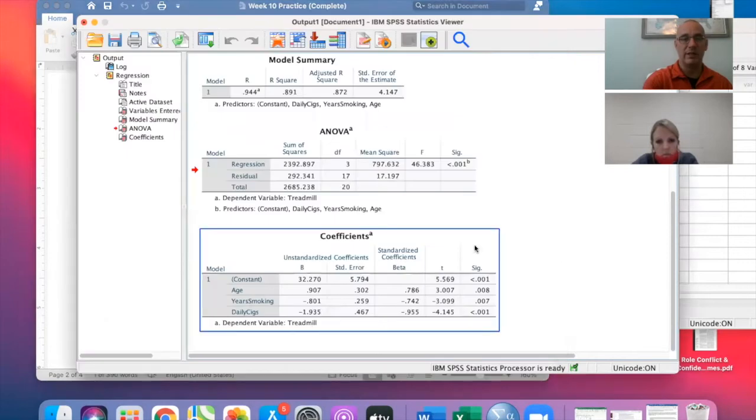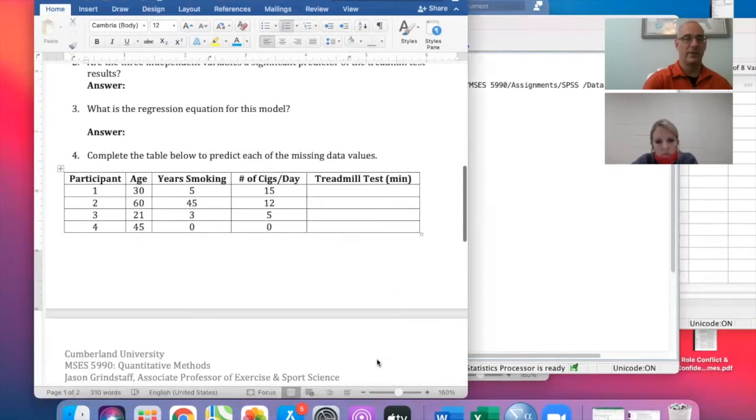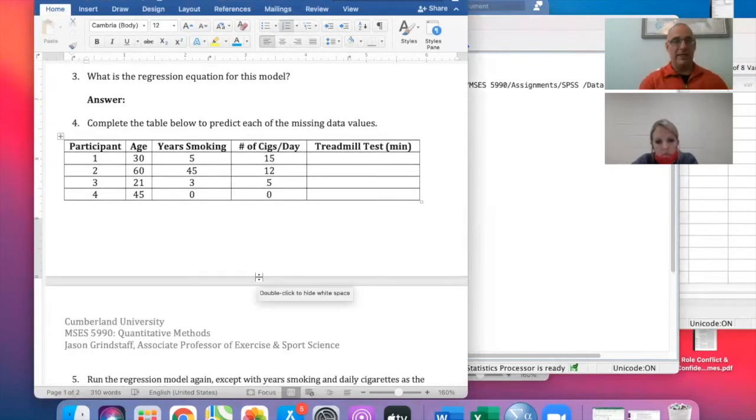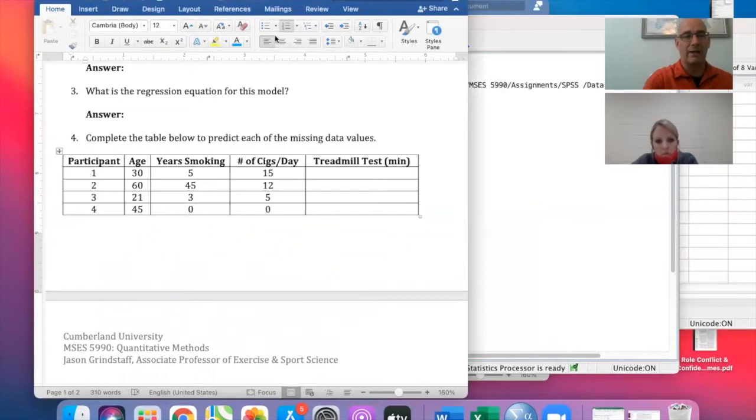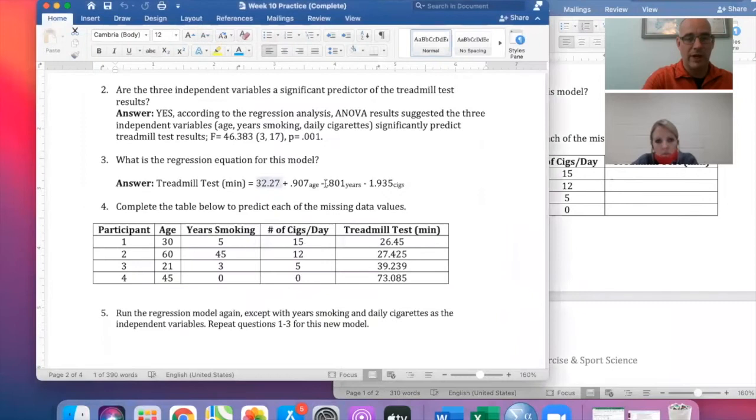That's what this next question asks us. It asks us to complete the table below to predict the missing data value. For participant number 1, they're 30 years old, they've been smoking for 5 years, and they smoke 15 cigarettes per day. If we enter those 3 independent variables into our equation, we end up getting 26.45.